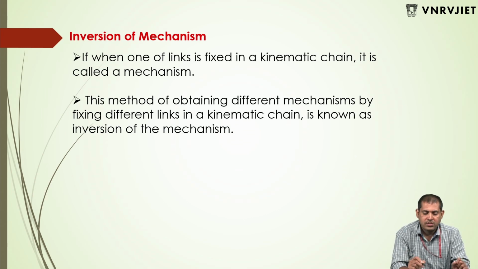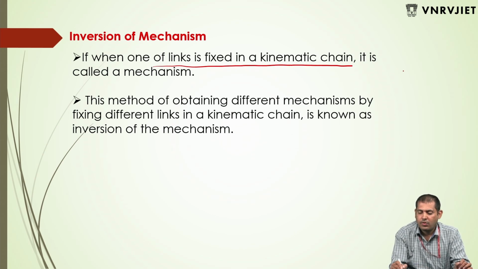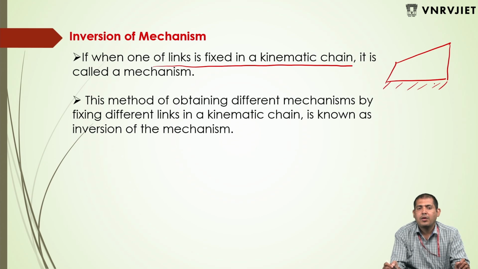So first, when one of the links is fixed in a kinematic chain, then we call it a mechanism. Now, the method of obtaining different mechanisms by fixing different links in a kinematic chain.